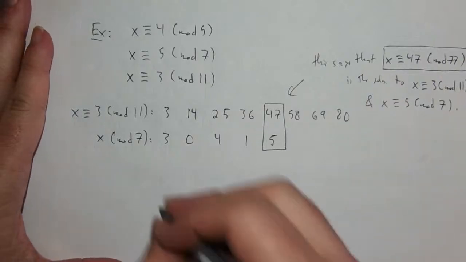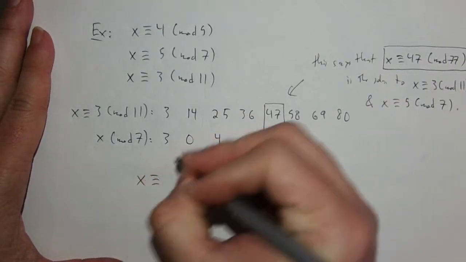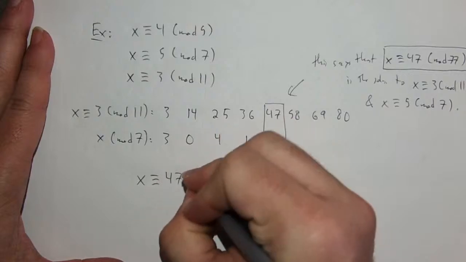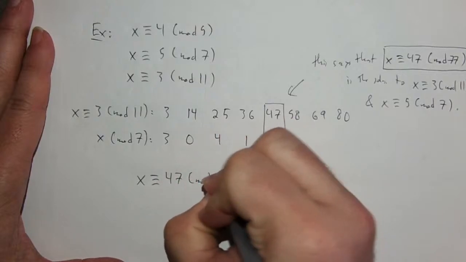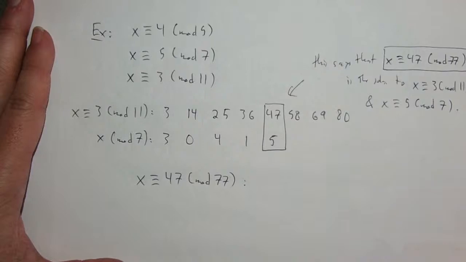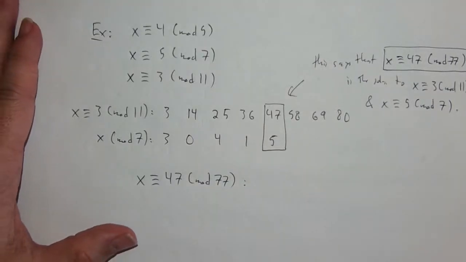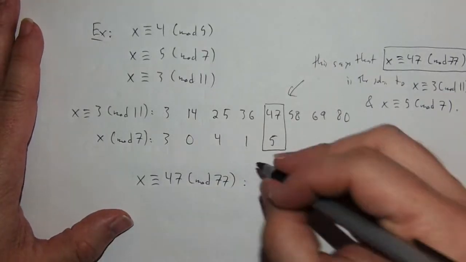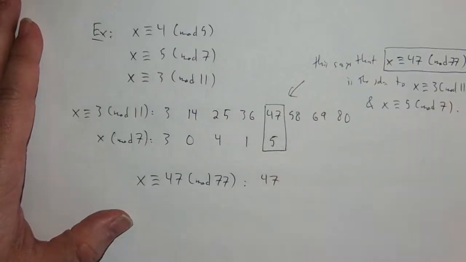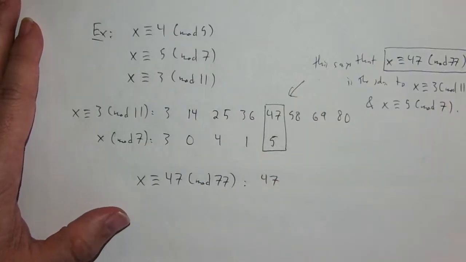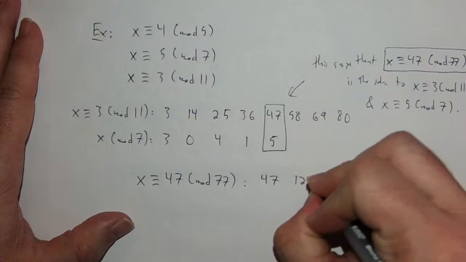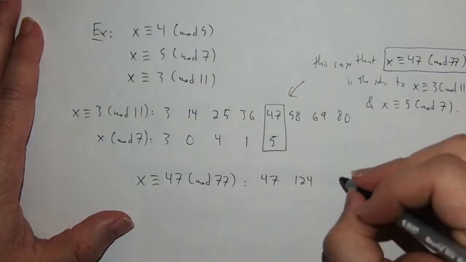That's what has happened here. So I list those out. So x is congruent to 47 mod 77. I don't have to list out many, it turns out. So 47 is the first one, plus 77, that's 124, plus 77, that's 201.